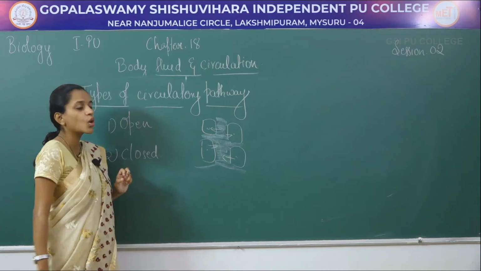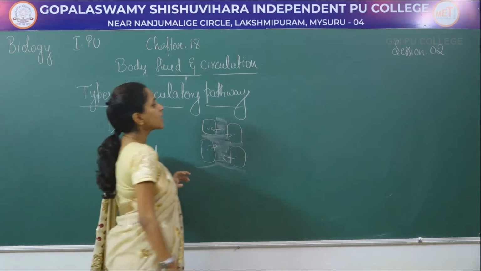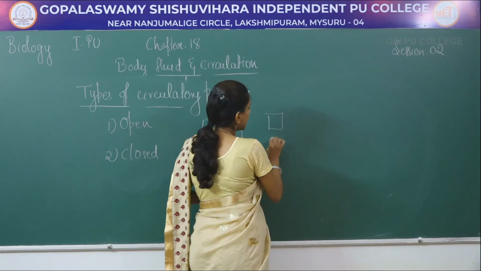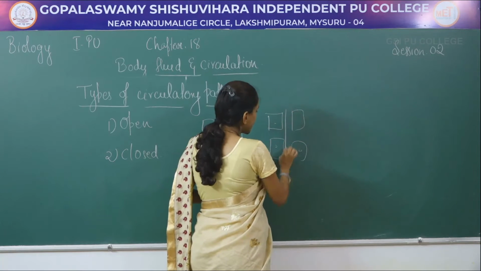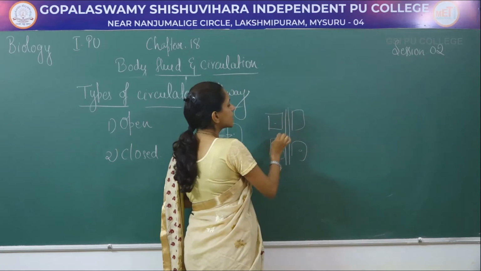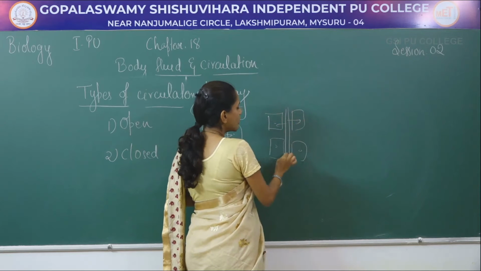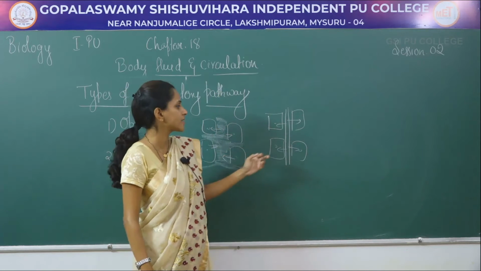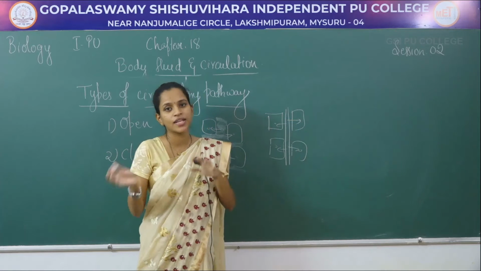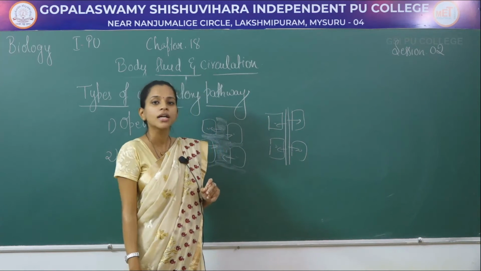When it comes to closed circulatory system, if the cell is placed like this, then there are capillaries or vessels which carry the body fluid within, and there is exchange of nutrients or gases between the cells, and waste substances will be drained back into the blood.